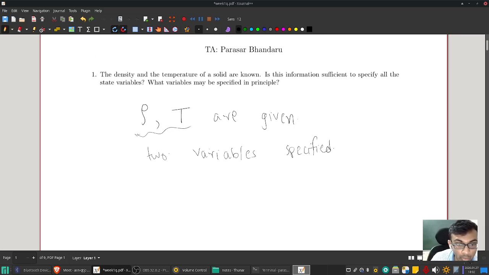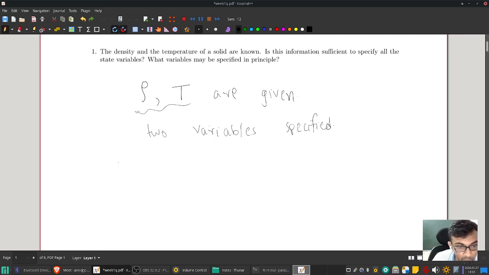For a thermodynamic system like a solid, without any magnetism or any other extra thermodynamic quantities, we need at least three state variables to fully specify the state of the system.